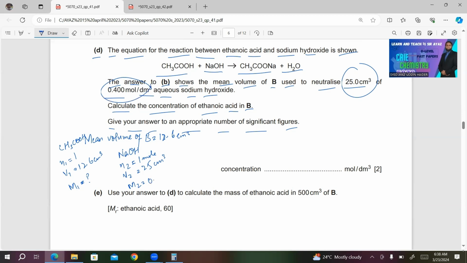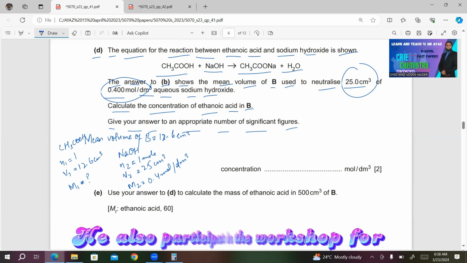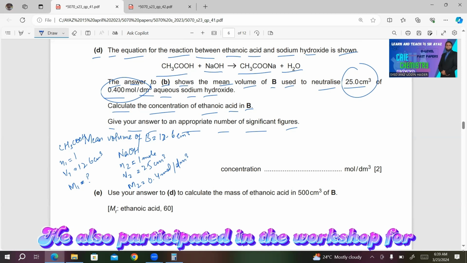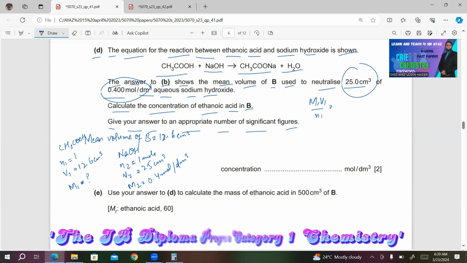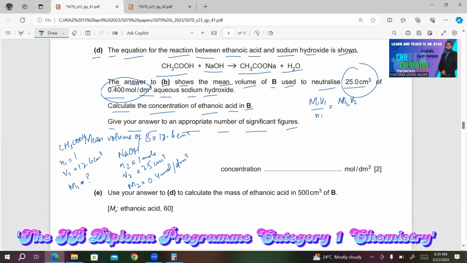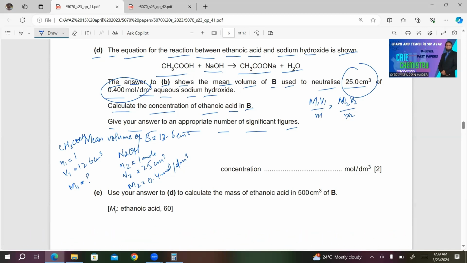Now we can use the equation M1 V1 by N1 is equal to M2 V2 by N2 to calculate the concentration of ethanoic acid. N1 and N2 will cancel out as both are 1 mole. So we are left with M1 V1 is equal to M2 V2.